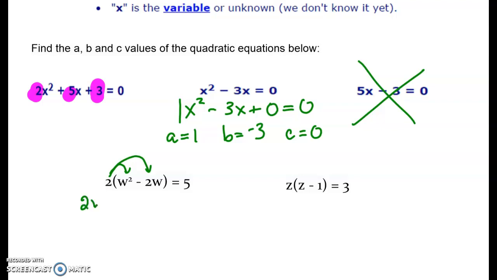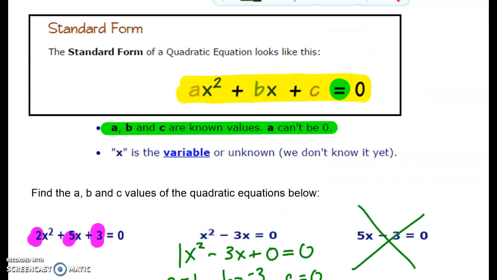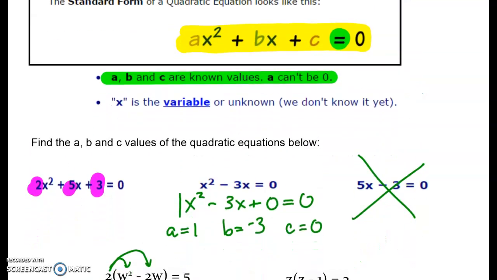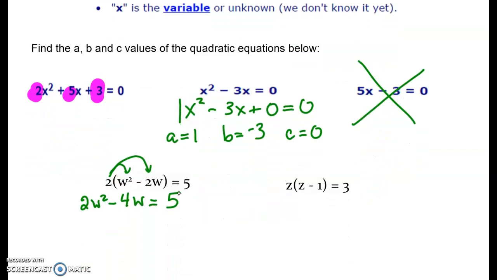So we're going to get 2 times w squared minus 2 times -2 would be a -4w equals 5. Now, it's getting closer, although we see standard form must be equal to 0. So we need to move this 5. This needs to be 0 on the right side of the equation. We need to move the 5 to the other side, or we need to do something to make this 0 on the right. And what we need to do is subtract 5. We know we can't just randomly subtract 5 from one side. What we do to one side, we have to do to the other, so the whole equation stays equal.